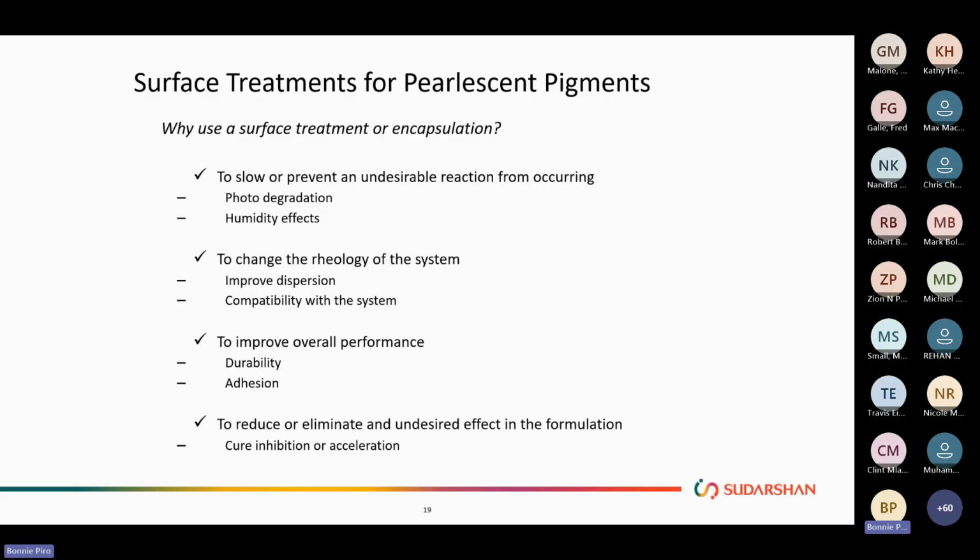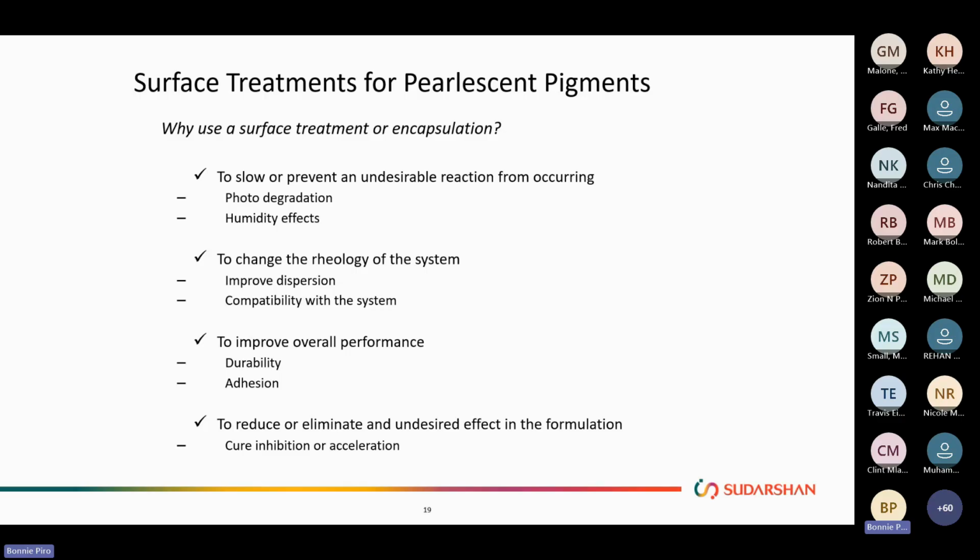And primarily these are due to the TiO2 containing pigments, because TiO2 is a highly photodegrading chemistry in there. In water-based formulations, there can be some humidity effects of the formulation, and we try to slow that process down.